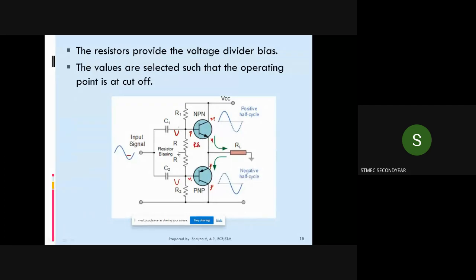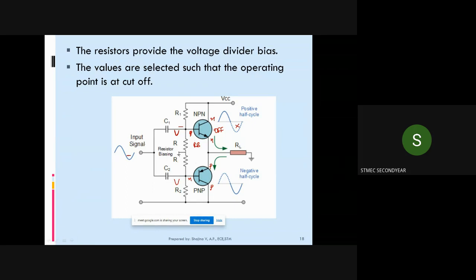It is negative voltage connected to P side, so it is reverse biased. That means this transistor will be in off condition, so at the collector terminal there will not be any voltage available. Output signal will not be available at this collector.